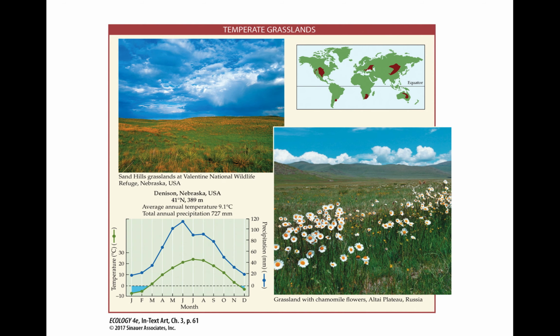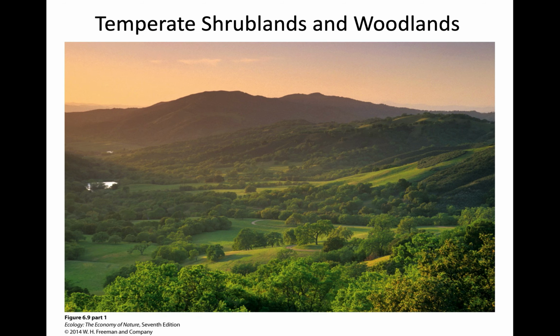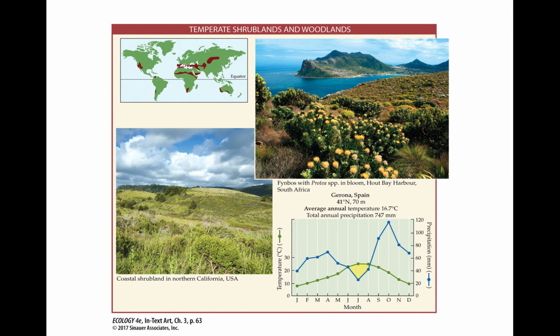All right, temperate grasslands show a pretty temperate, which basically means mild, climate diagram, where you only have a little bit of a period where it is too cold to grow vegetation, and you always have sufficient precipitation in grasslands. Temperate shrublands and woodlands.